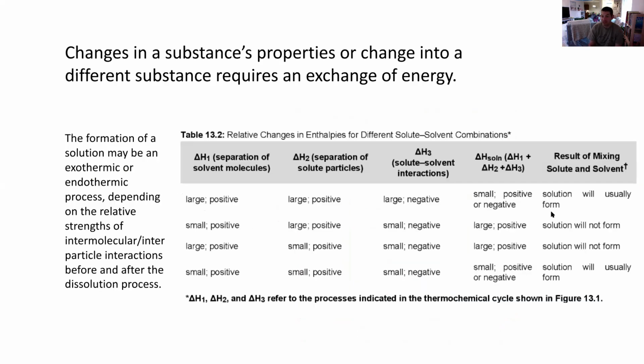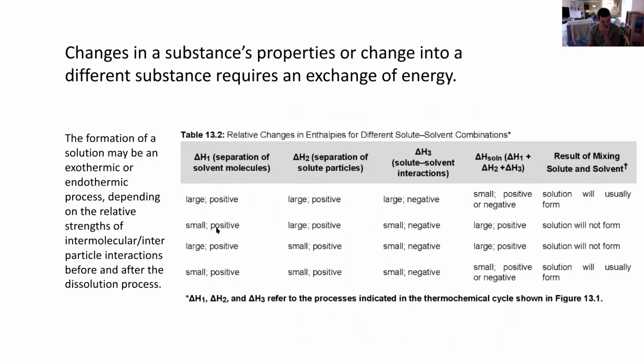So we have this chart. We can look at the delta H of separating the solvent, of separating the solute, and then of the solute-solvent interactions, and we can get an idea of what will happen, right? So if the amount of energy to separate is large for both, but then the amount of energy released is also large, we're probably going to get a small delta H, and so that solution will usually form.